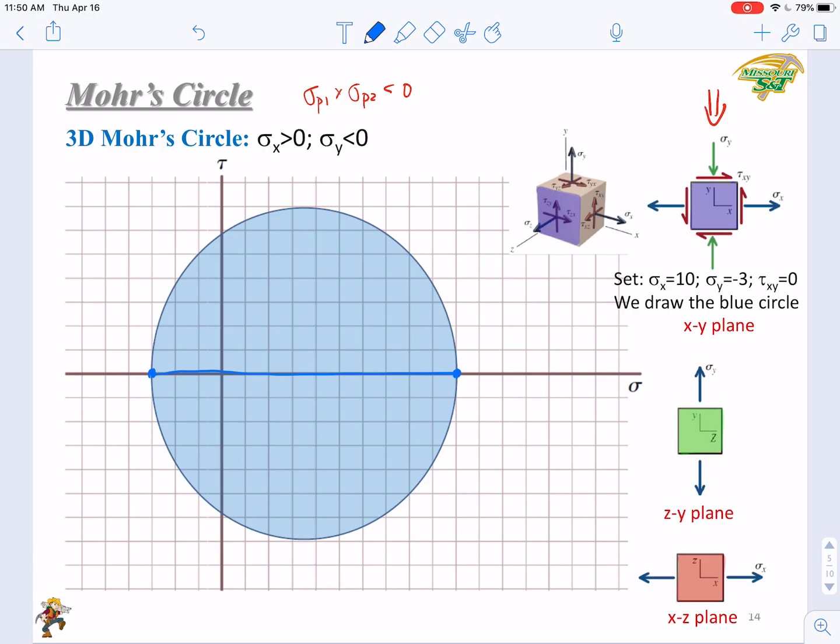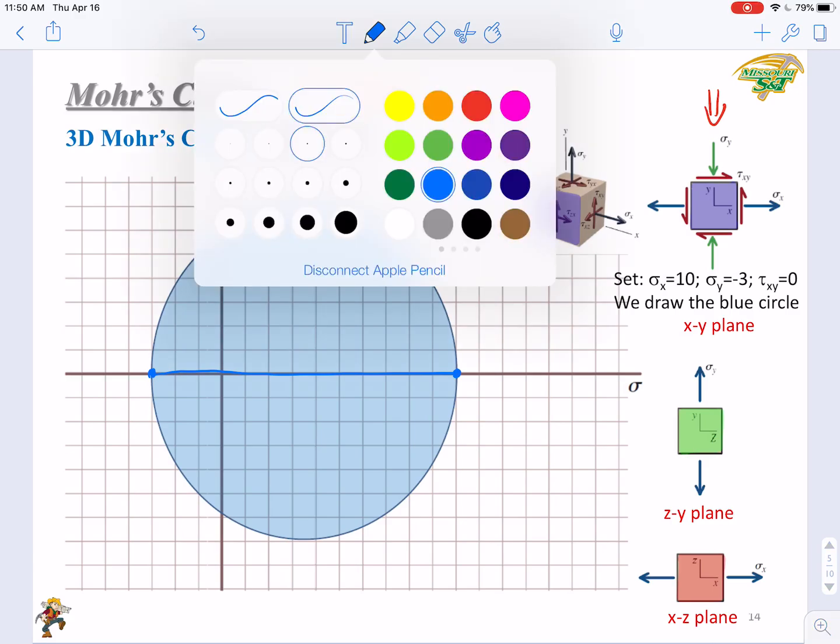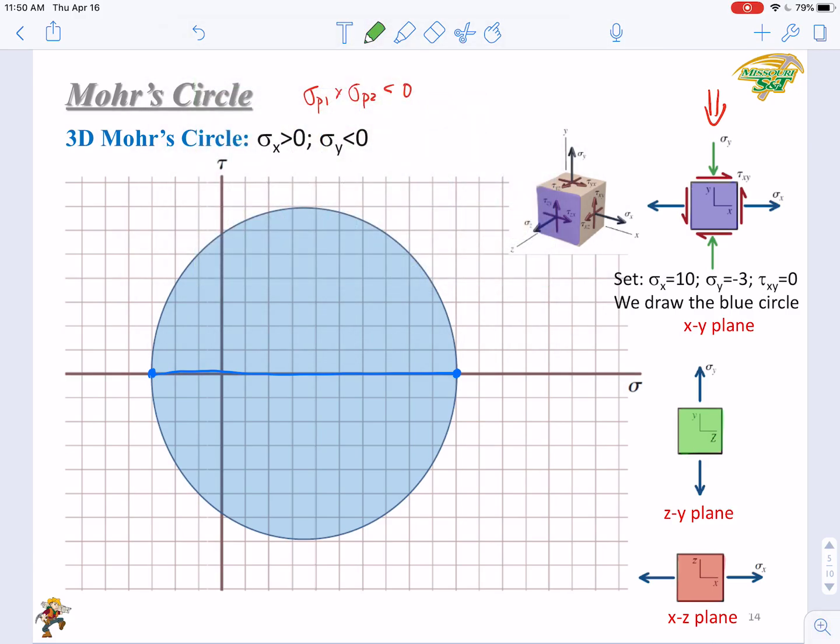Then again, we have the other 2 planes to analyze. First of all, let's look at the green colored YZ plane. On this plane, you have sigma y, that is negative 3, and sigma z, which is 0. Find these 2 points first, negative 3, 0.